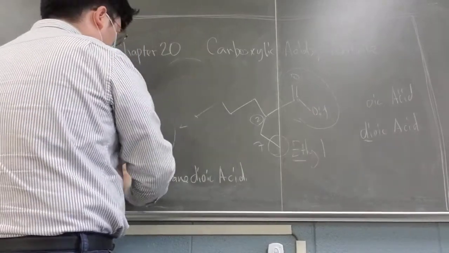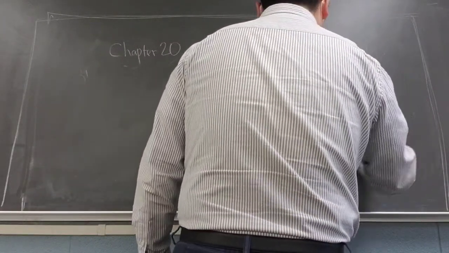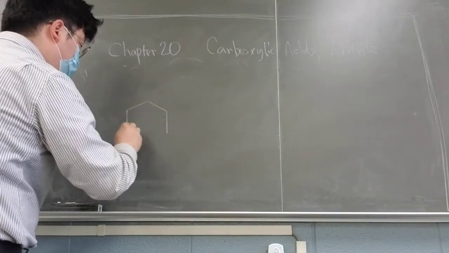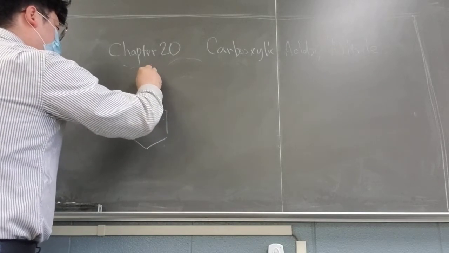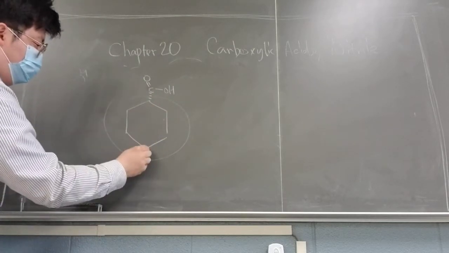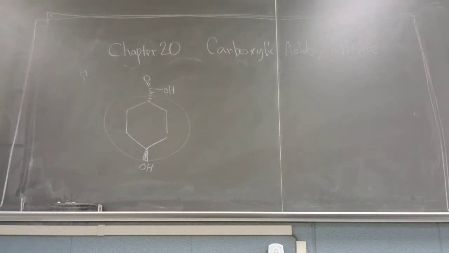I just want you to remember one more thing for carboxylic compounds. So we have some carboxyl groups attached to cyclic compounds, okay? And there's the other substituent groups over here.